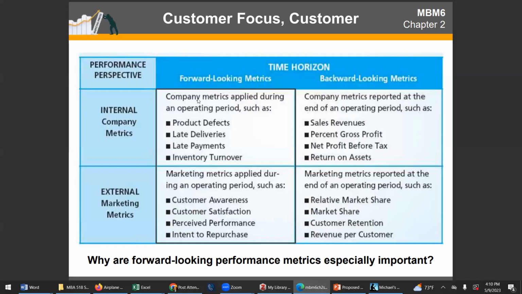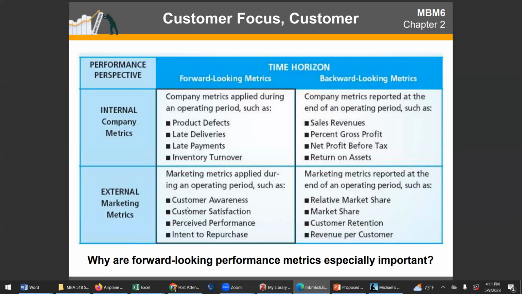So for example, a forward-looking marketing metric would be, is my customer awareness going up? If there are more customers aware, then everything else being equal, we would have a greater probability of converting customers from not only being aware of us, but also actually buying products and services from us.